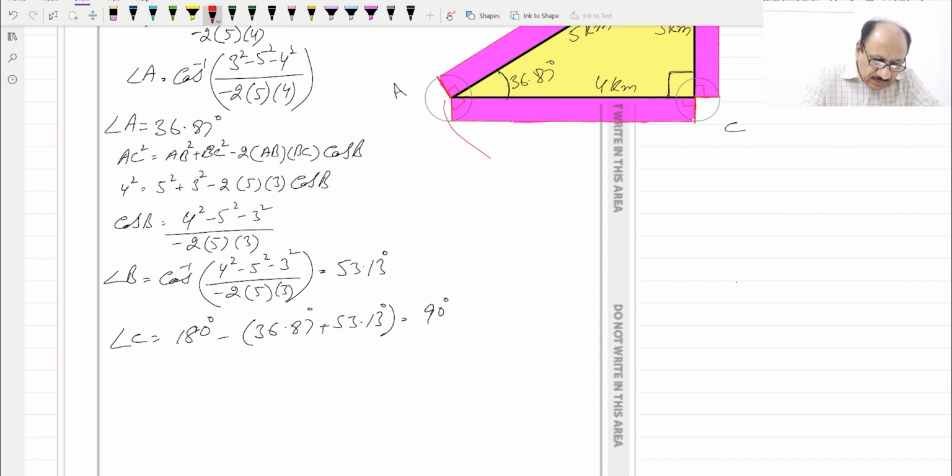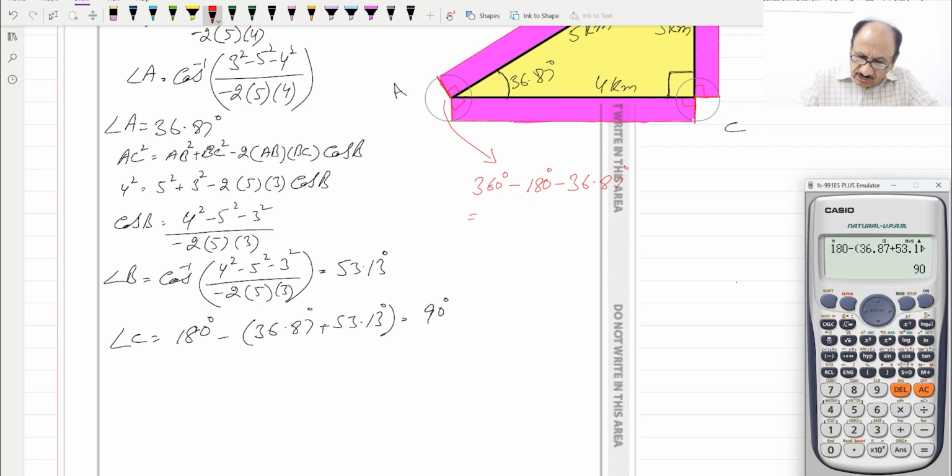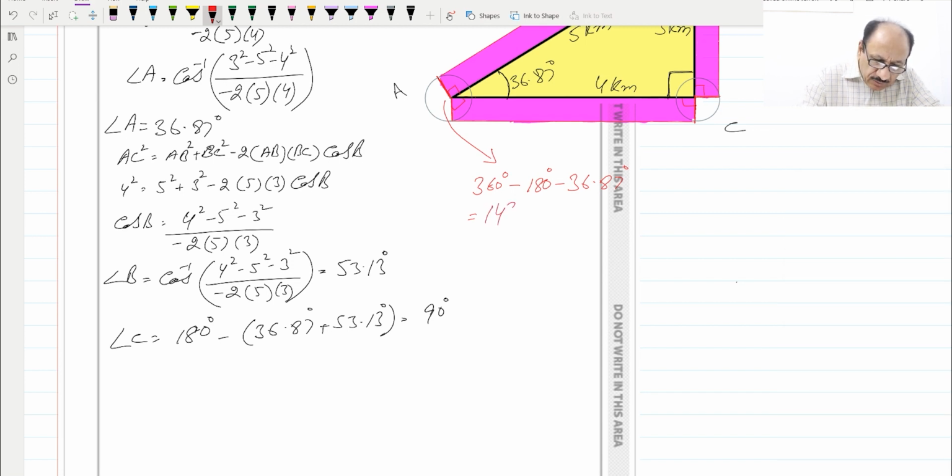So this sector has the angle 360, the circle angle, and we subtract 90 plus 90, which is 180, and further we subtract 36.87. So 360 minus 180 minus 36.87 gives the sector angle, and this results in 143.13 degrees. This is the sector A angle.